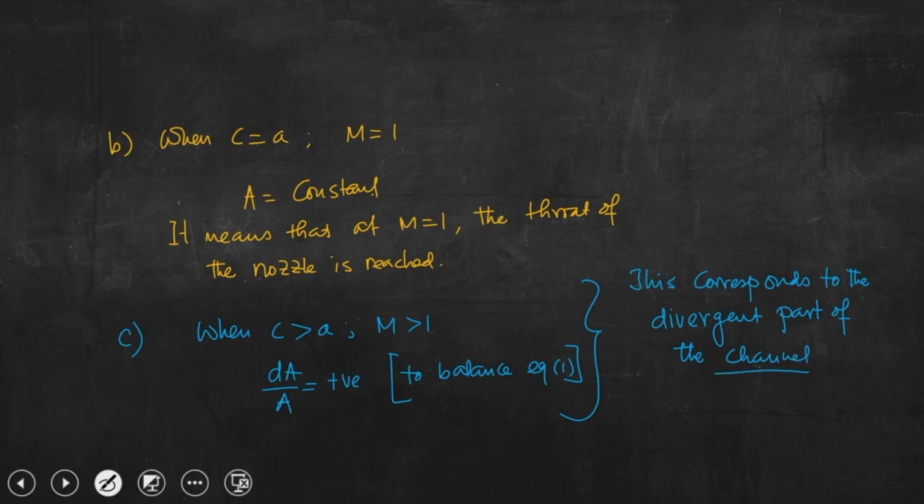So, that is the convergent divergent channel. We had considered flow through a channel having varying area, and 3 different cases we have considered.